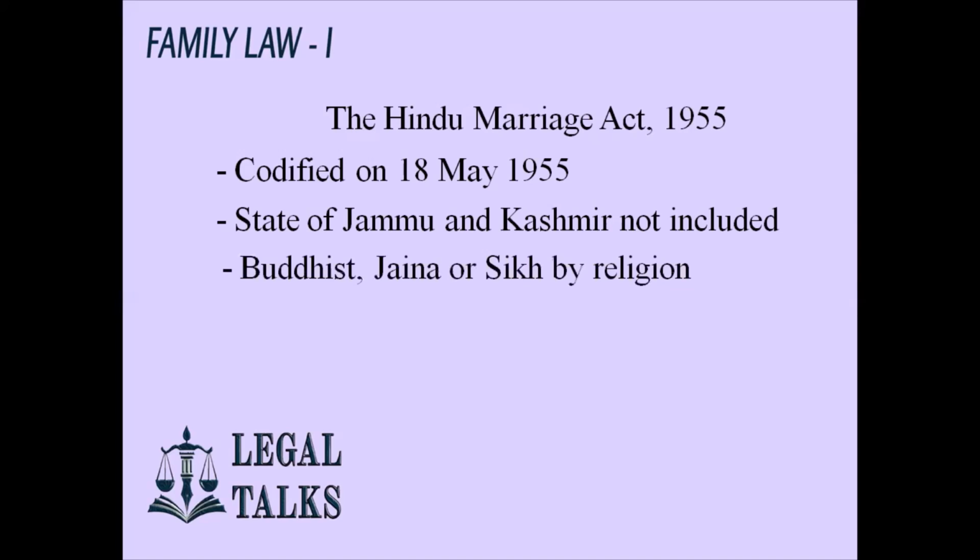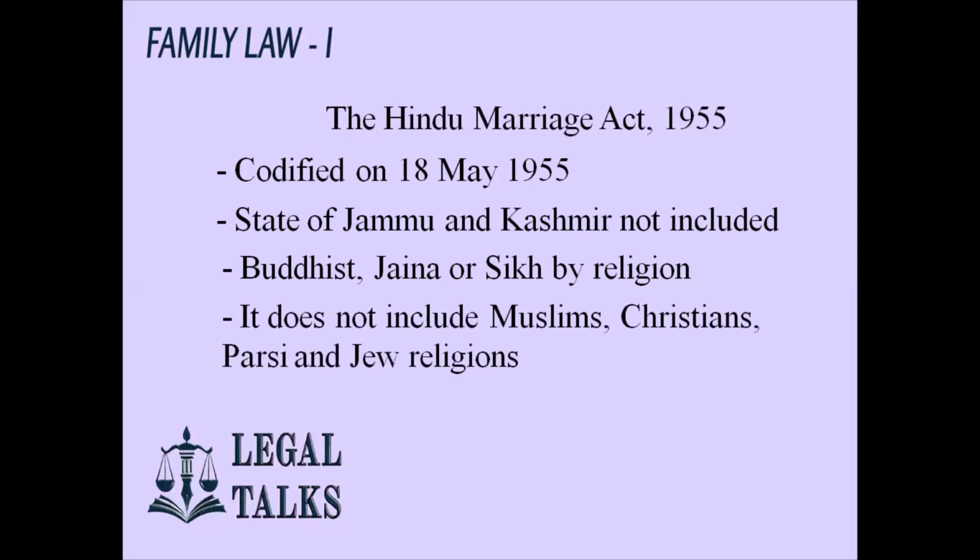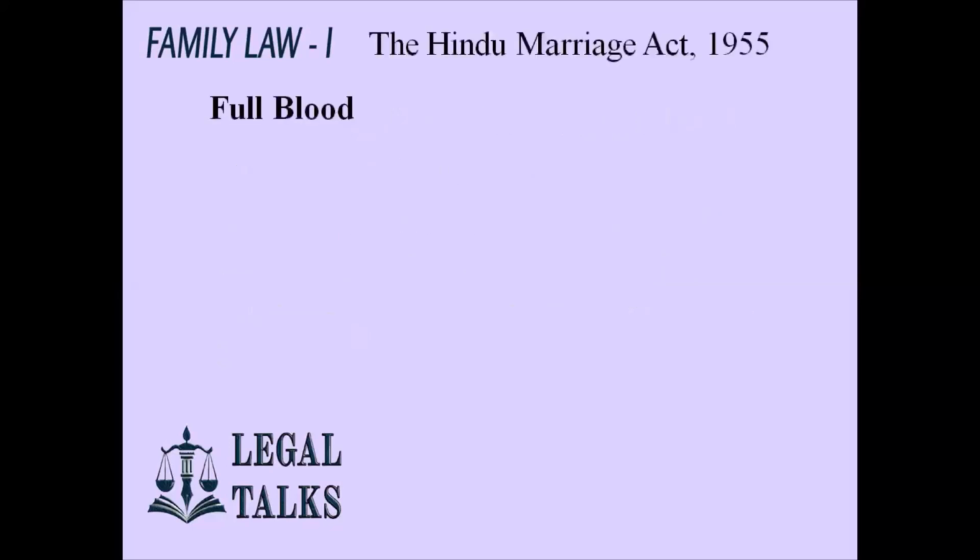As discussed earlier, along with Hindus, the Buddhist, Jain, and Sikh communities are part of Hindu culture, so they are governed by the Hindu Marriage Act. The Hindu Marriage Act of 1955 doesn't include Muslims, Christians, Parsis and Jews.